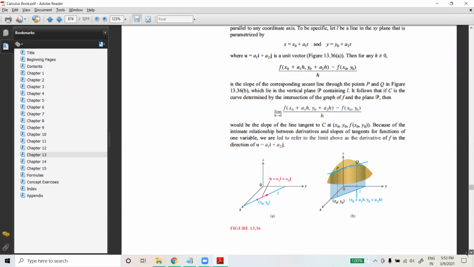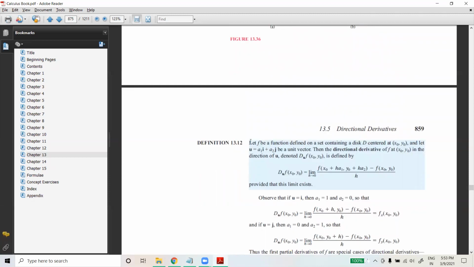So then let's see what they're saying. Definition: let f be a function defined on a set containing a disk D centered at (x0, y0), and let u be a1 i plus a2 j. Then the directional derivative of f in the direction u is given by this formula.